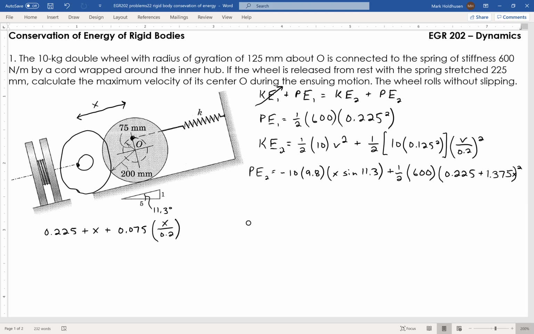So putting in everything I know, PE1 equals KE2 plus PE2.